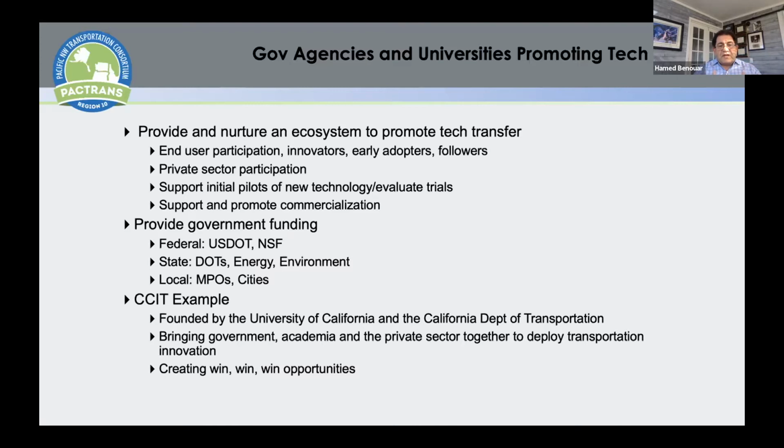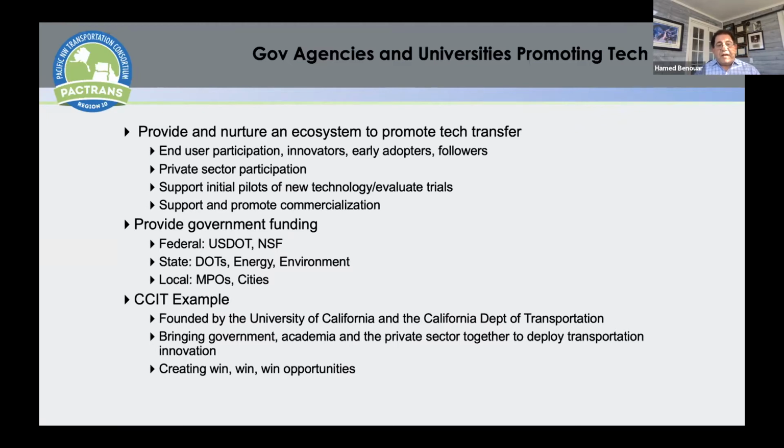But also, as you get closer to the end user, you have state DOTs, and energy and environment departments. Those usually do help with the technology transfer, providing not only the resources, but also the people and the facilities that can help move some of these technologies closer to implementation.